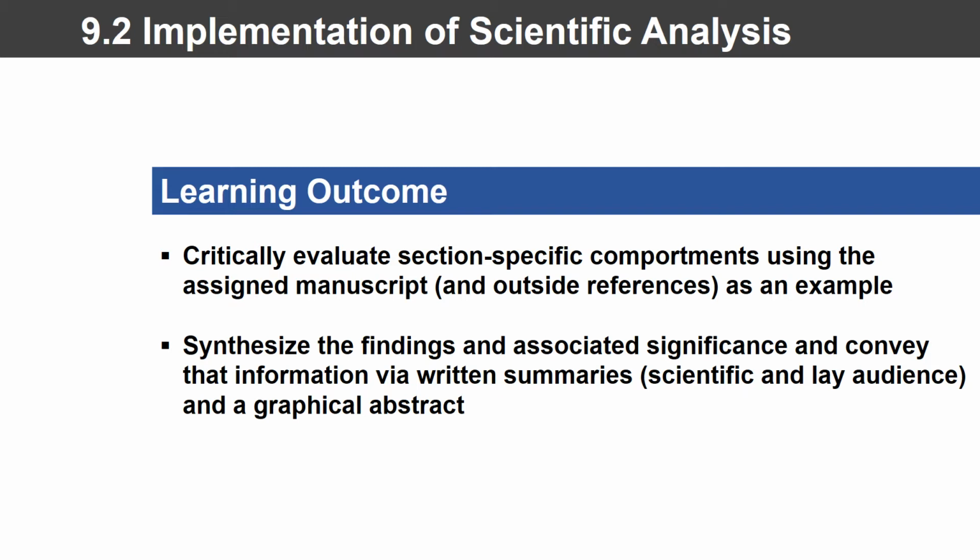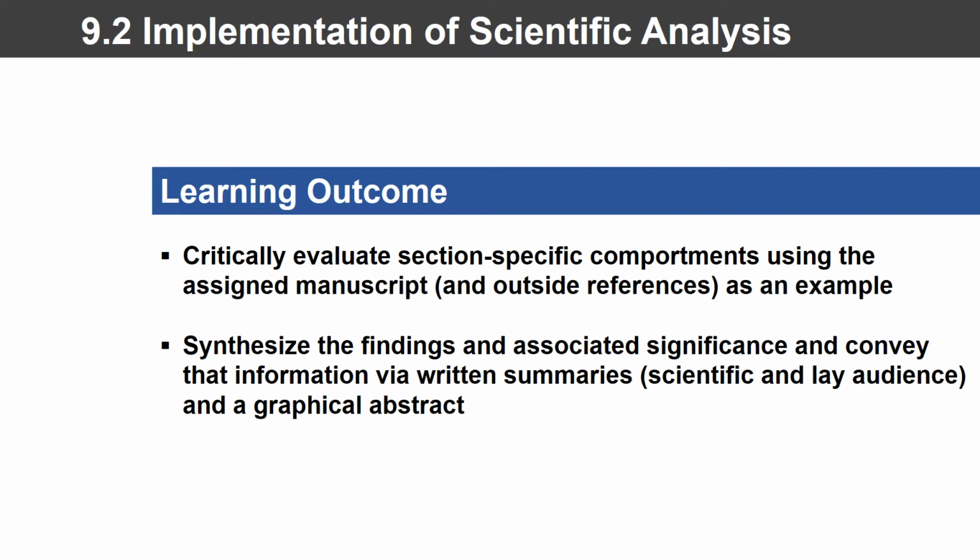So our primary learning outcome here for this video is to critically evaluate those section-specific components, that paper DNA that we've learned about, the formula of how things are put together, using our assigned manuscript. And I actually have a couple of outside references for examples later on.